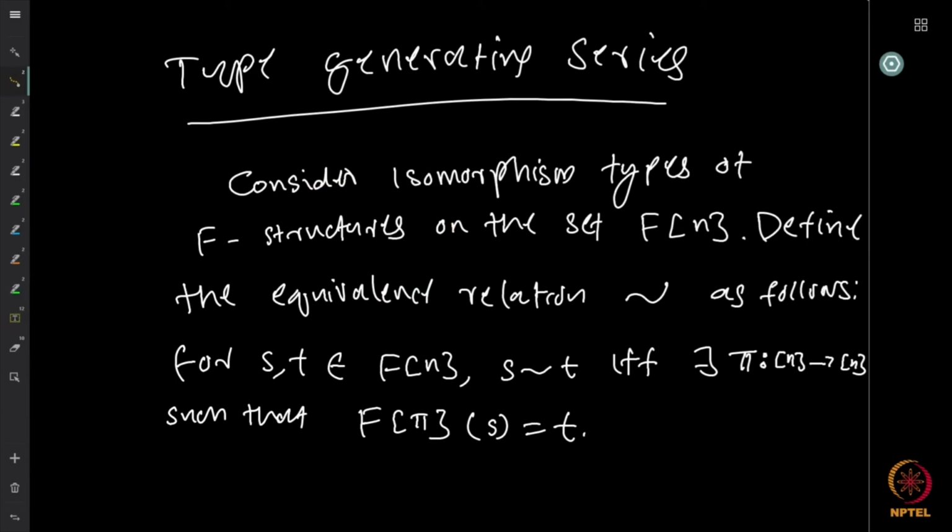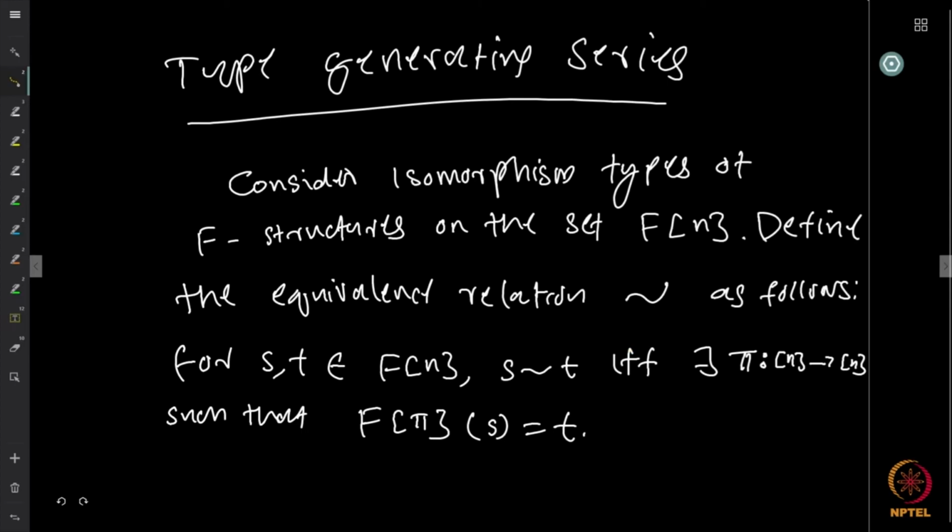So take any n element set, 1 to n, look at F of n, and then we can look at the isomorphism types on F of n. Now let me define an equivalence relation as follows. What is the equivalence relation tilde?